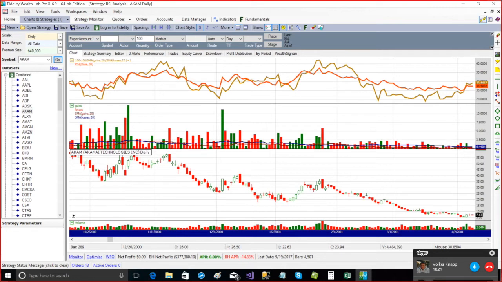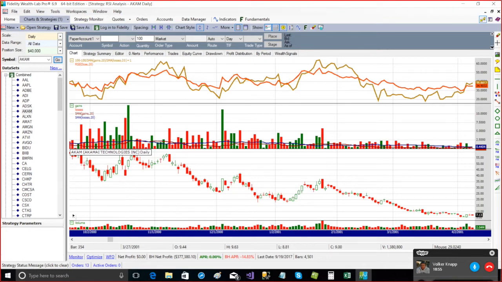I want to see, can we quantify what kind of edge it gives us, or what kind of value it gives us actually. So my idea was, I want to compare the returns of buying the market when the RSI is oversold, so when it's below 30, to the average return of just the overall market.